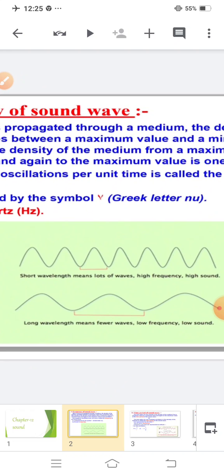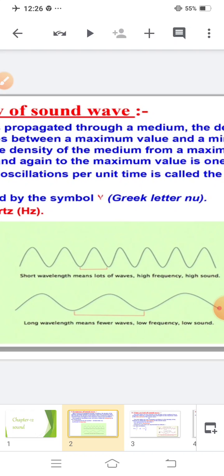Now the next one: if your wavelength is longer, in that case your frequency will be low, and if your frequency is low, your sound will also be low.